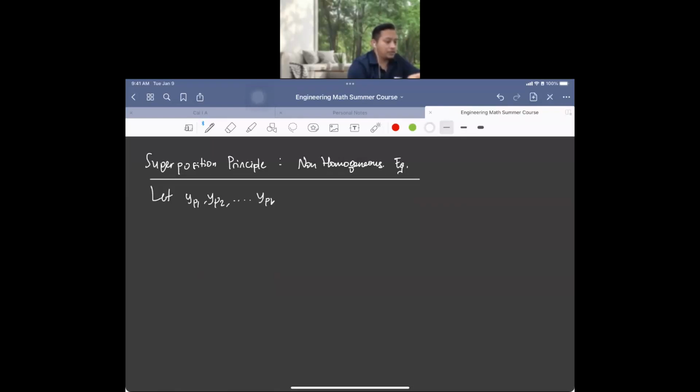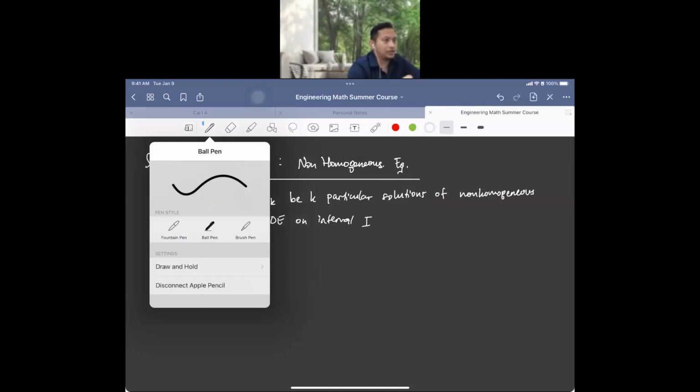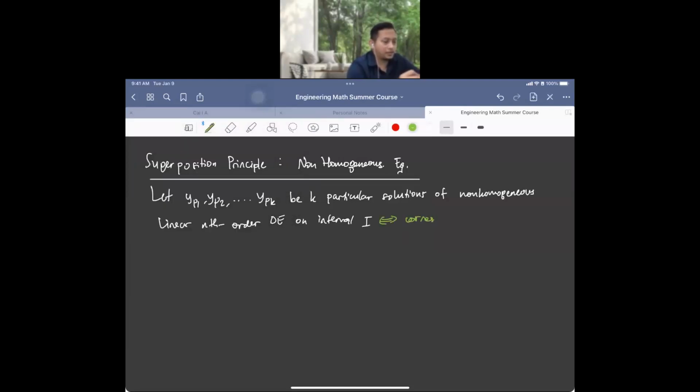So we have yp1, yp2, until ypk, some particular solutions, up to k number of non-homogeneous linear nth order differential equations on interval I, corresponding to k existing functions.